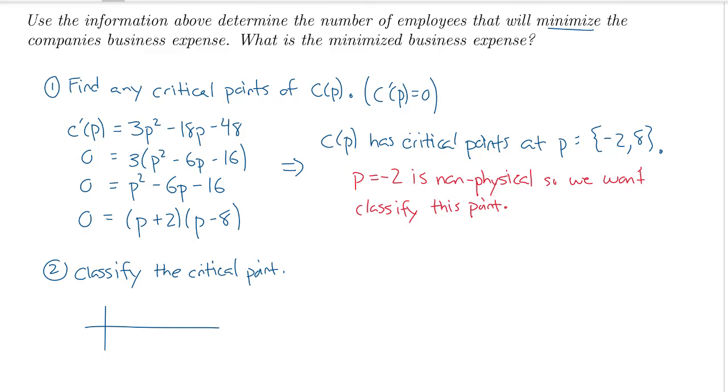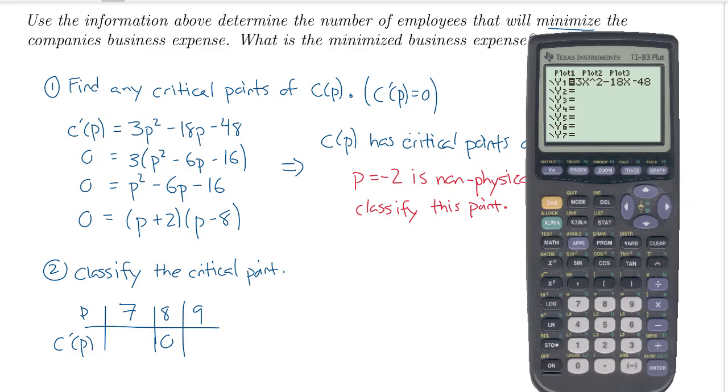So again, we're just going to make a table with the derivative, and we're going to include our critical point and a test value to the left and the right. The nearest integer to the left and the right is what I would suggest, but it's not too vital that you choose the nearest integer, just any value to the left and to the right, or in between critical points.